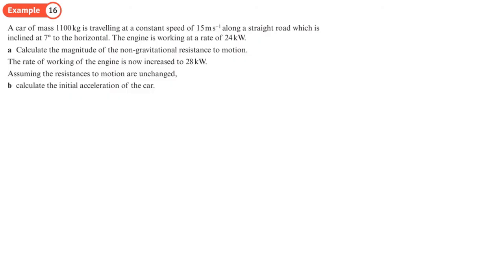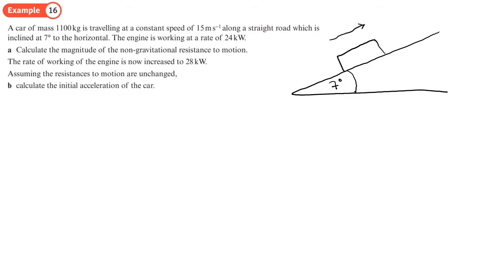Right, so we'll start with a diagram. So this time it's a car inclined at 7 degrees going at a constant speed of 15 meters per second up the slope.